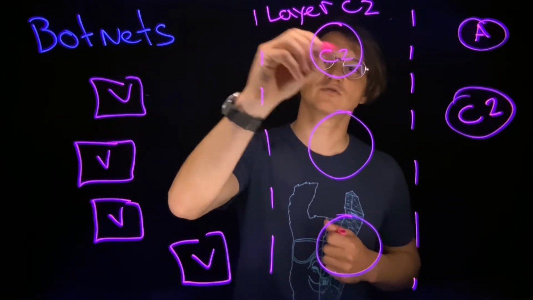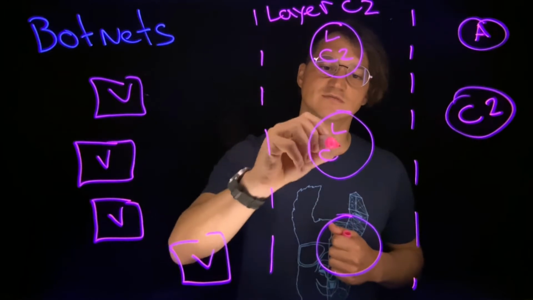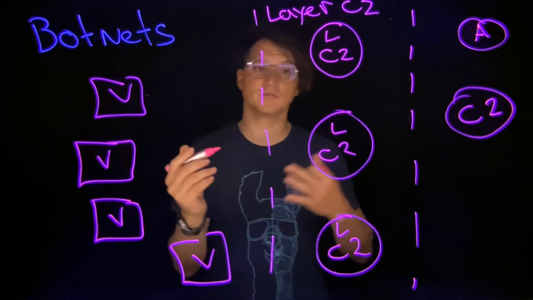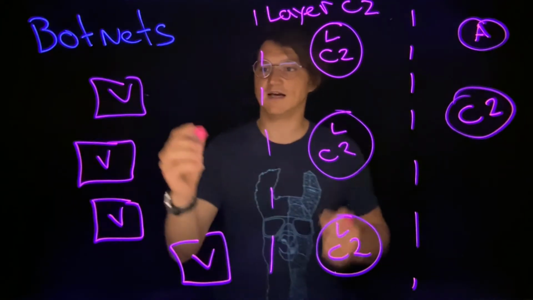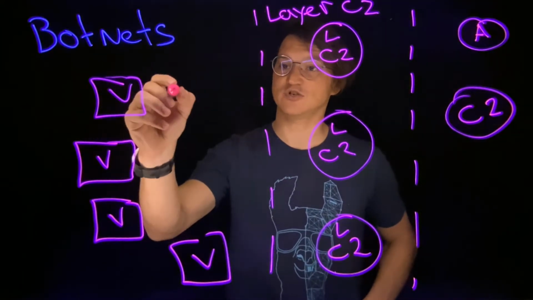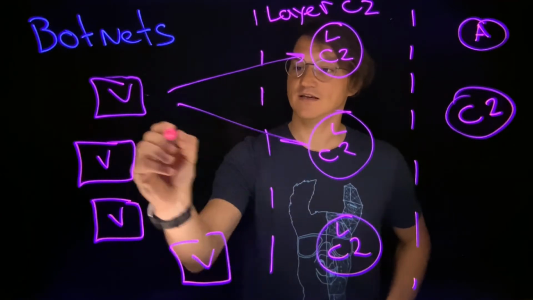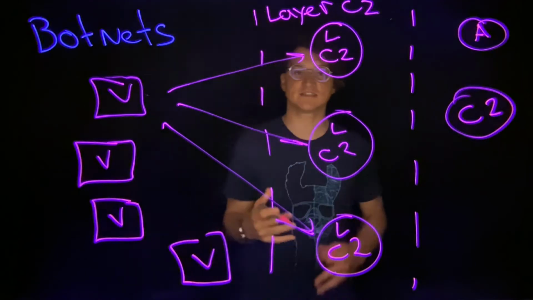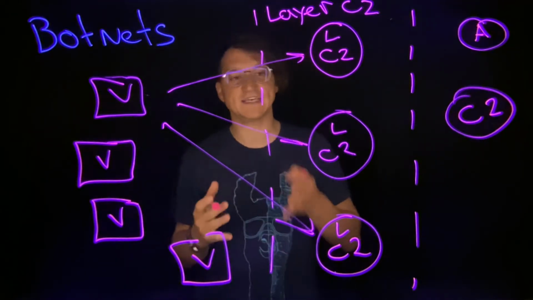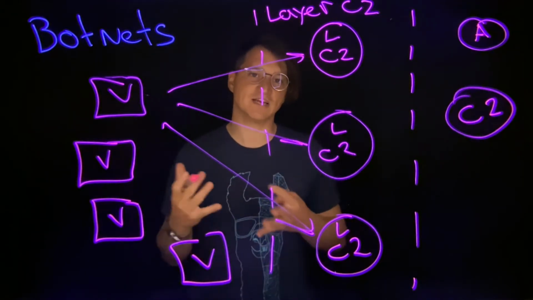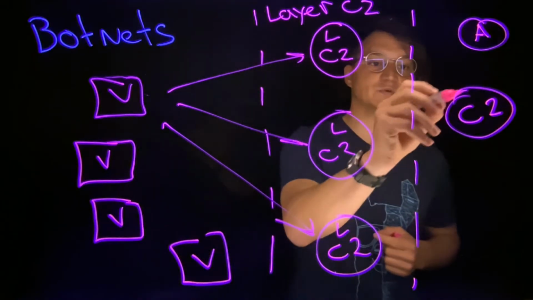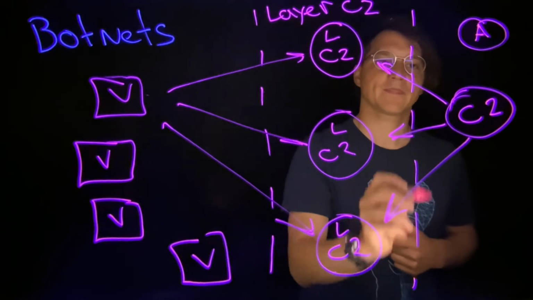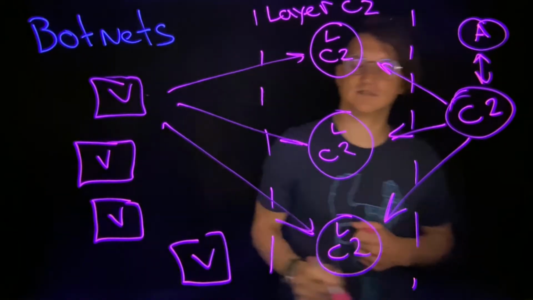It's a C2, but I guess it's a layer C2 or redirector, and there may be multiple of them, right? They're burnable. As soon as they shut down, the bot can try to connect to another one and another one, right? And those lists can be updated on a regular basis, so this layer of C2 can be rotated and changed, and it's much more flexible, right? Then there is a real C2, which communicates with this layer, and then the attacker communicates with that real C2.